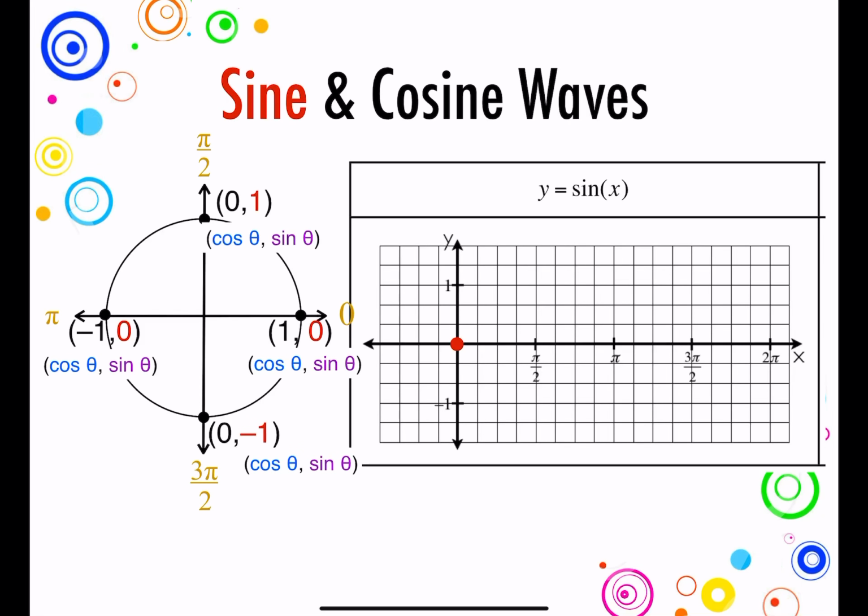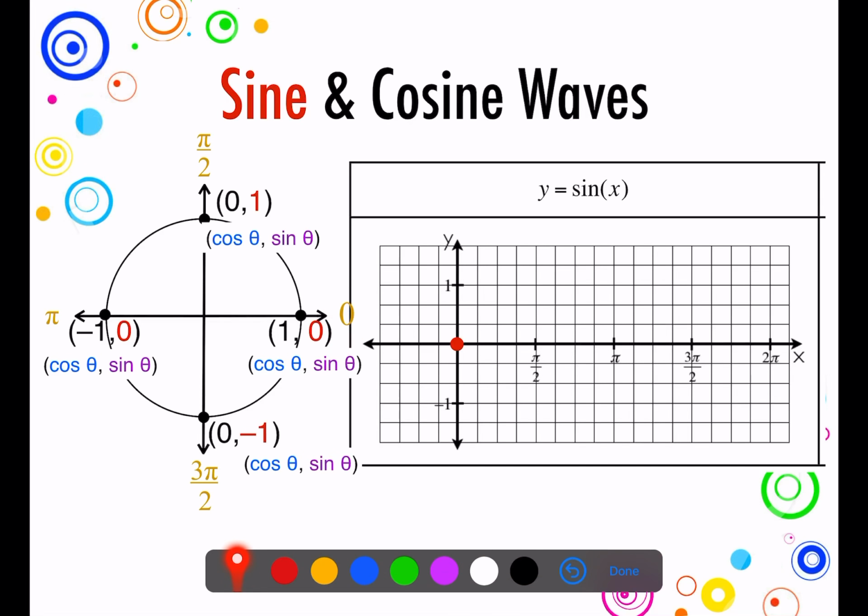Okay, so if I'm at 0, my y value is 0. If I'm at pi over 2, my y value is 1. So that's why you see this point of 1 over pi over 2. If I'm at pi, my y value is 0.